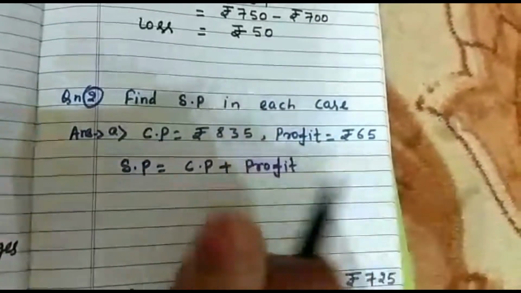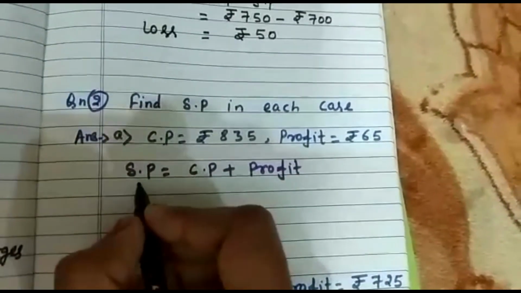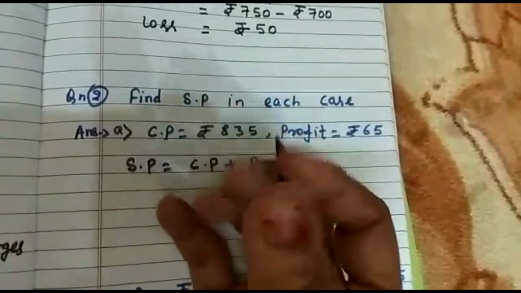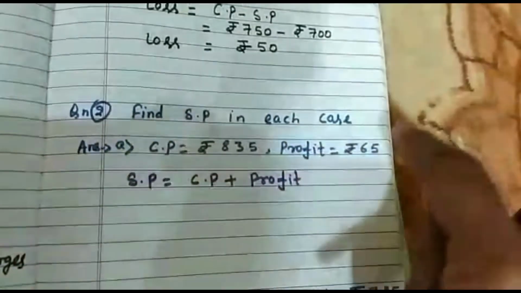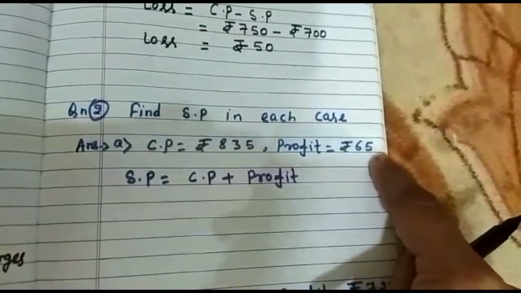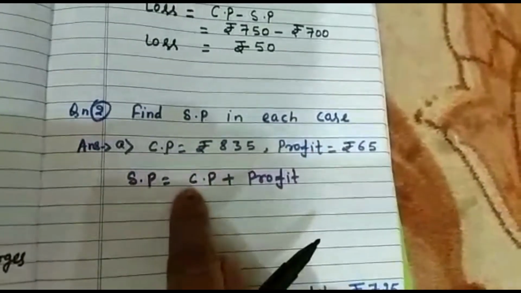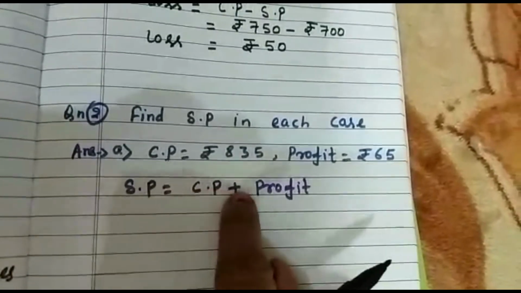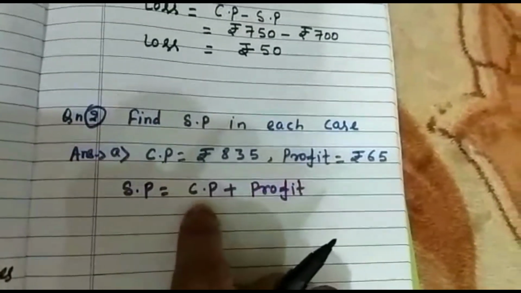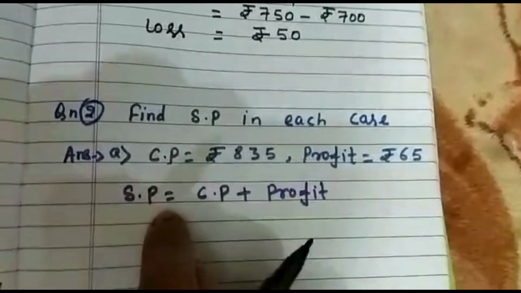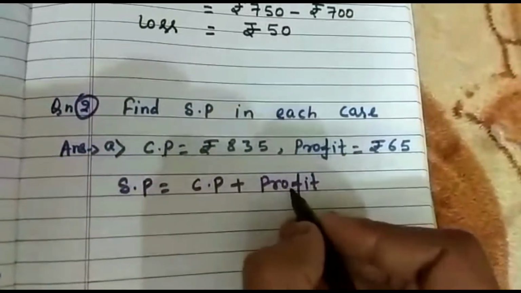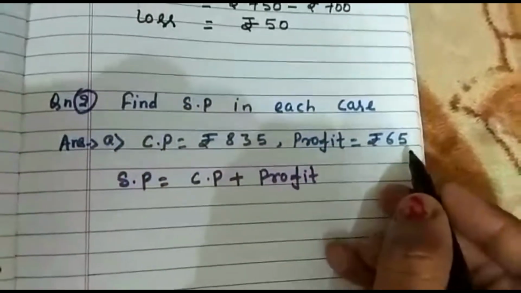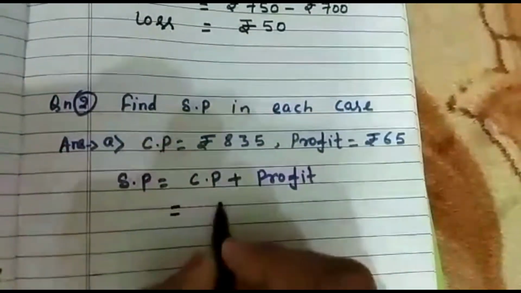See, the question is asking you to find the selling price, at what price you will sell the thing so that you will get a profit of 65 rupees. For this kind of question, use the formula CP plus profit, means you find the selling price by adding profit to the CP.